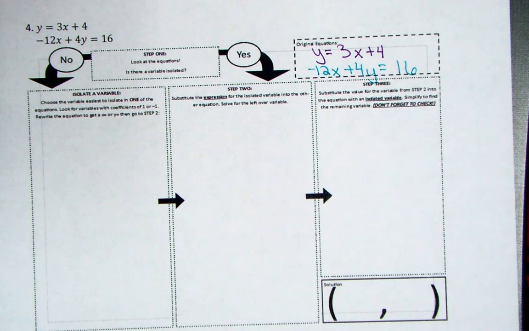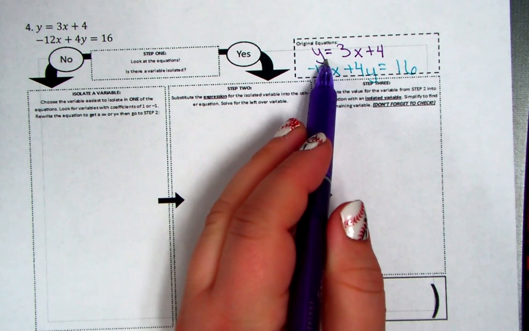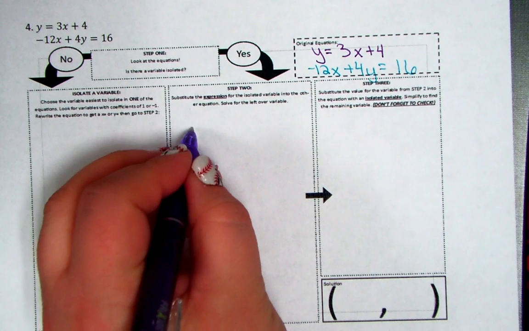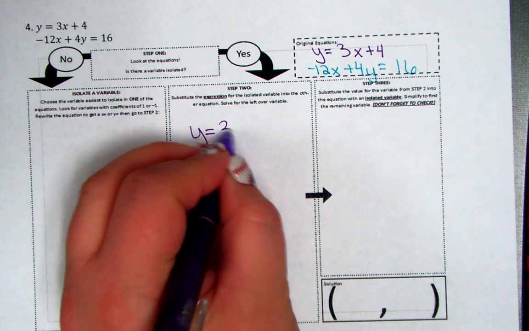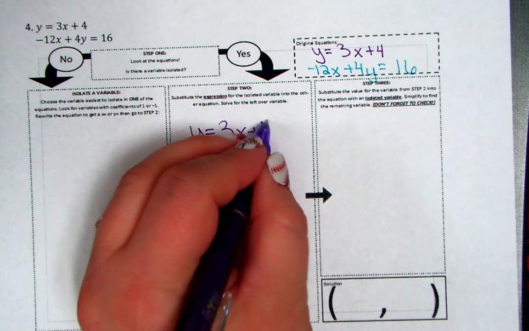So we ask ourselves, look at the equations. Is there already a variable that's by itself? And this time there is. In the first equation, y is already by itself. So we'll copy these equations down.